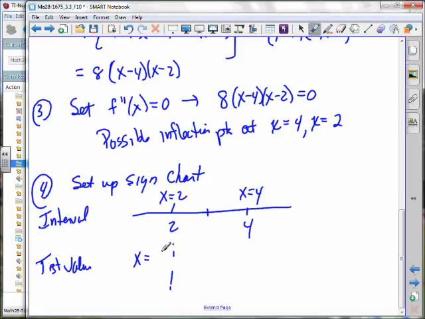This could be a little dangerous because I don't know that maybe I have a critical number at 0. But you know what? I'm going to try it anyways, because if 0 fits into the second derivative and makes it positive, then I know that I've got a minimum at that. I'm just looking at where concavity changes. So it doesn't really make much difference. I'll choose a 3 here, and I'll choose a 5 over there.